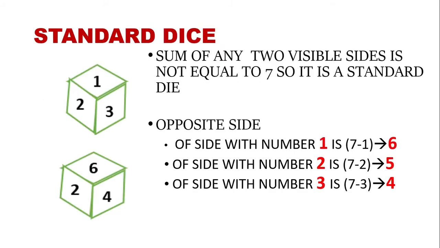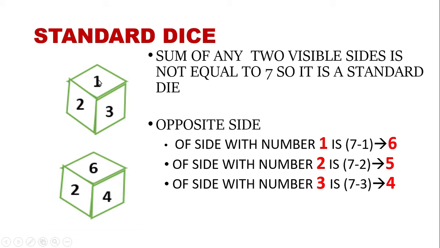If it is a standard die, that is the sum of any two visible sides is not equal to 7. So in this case these two dice, if we take the sum of two visible sides, it is not equal to 7, so these two dice are considered to be standard dice. So the opposite side of a particular side is 7 minus that particular side.